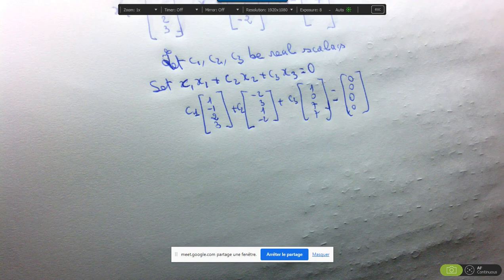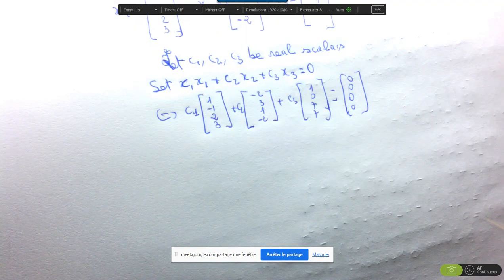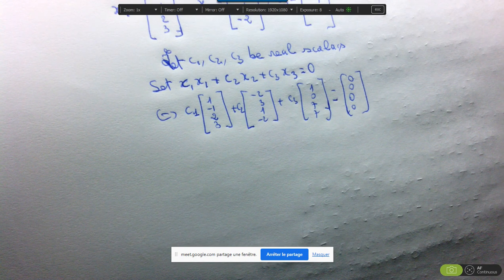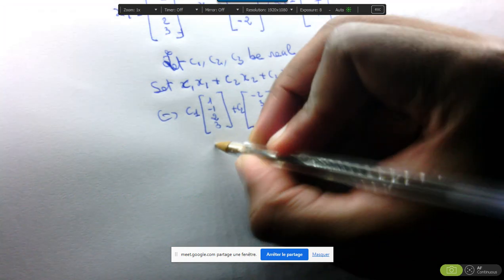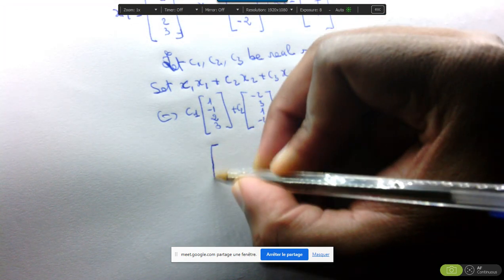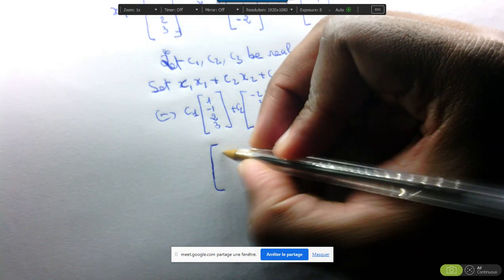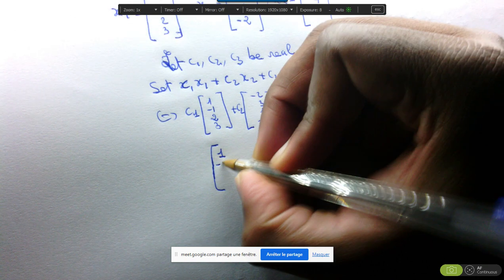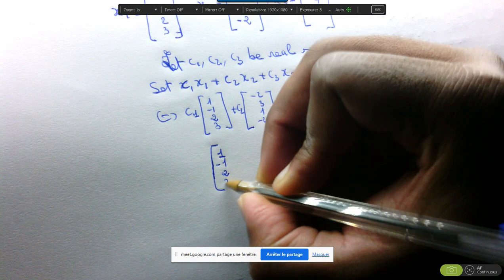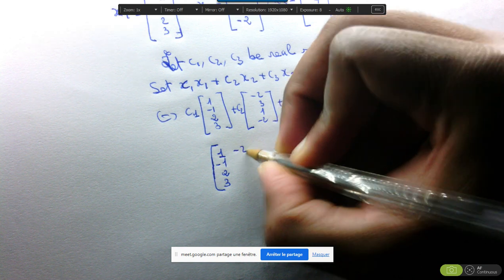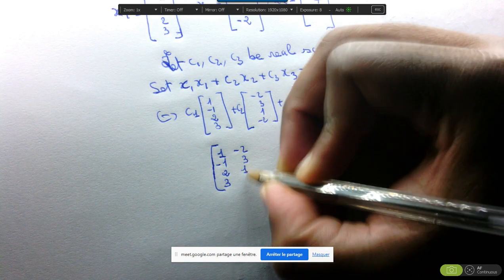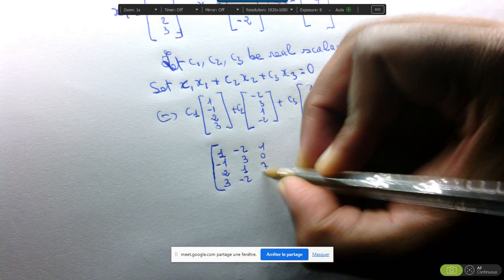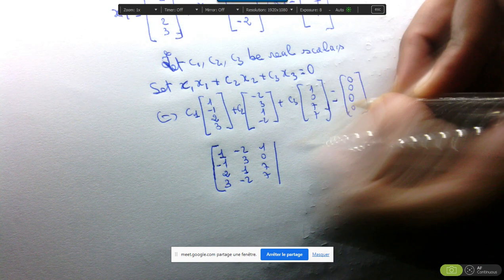Okay, so that leads me to solving the following system of equations: 1, negative 1, 2, 3, negative 2, 3, 1, negative 2, 1, 0, 7, 7, 0, 0.